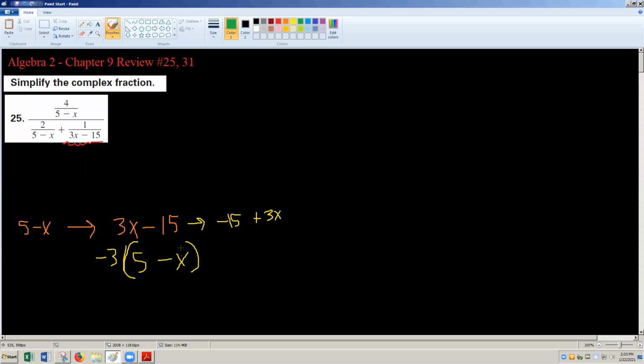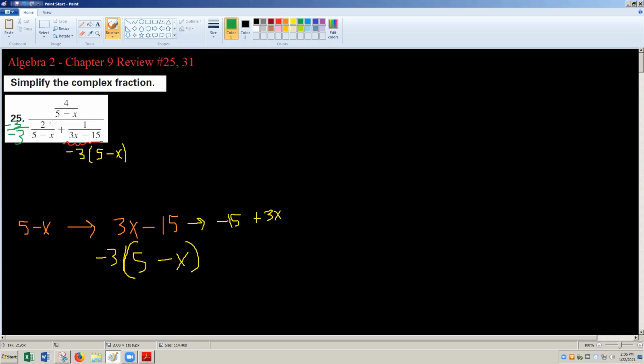So I'm going to rewrite what we've got on the bottom here. So instead, I'm going to call this -3 times 5 minus x. And then I'm saying, okay, well, what is needed to make this thing on the left look like this thing on the right, on the bottom here? And I'm saying, okay, it's going to need a -3 on the top and a -3 on the bottom.